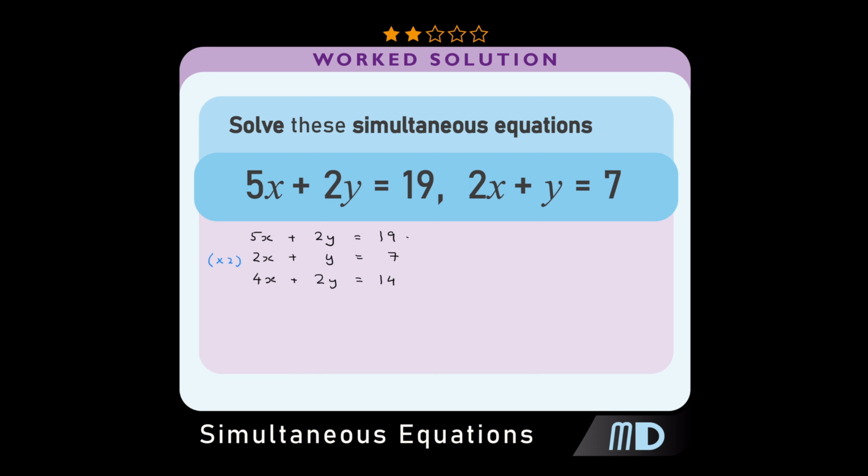Subtracting both equations eliminates the y terms, and 5x minus 4x is x, and 19 minus 14 is 5, giving us x equal to 5.